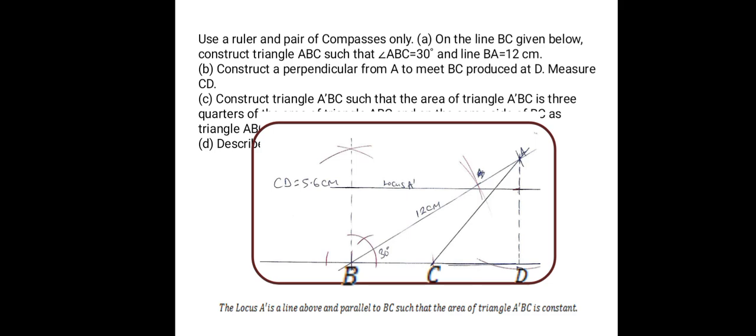C. Construct triangle A'BC such that the area of triangle A'BC is 3/4 of the area of triangle ABC and on the same side of BC as triangle ABC.